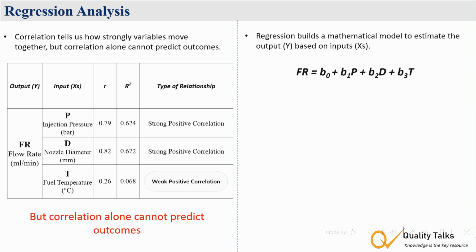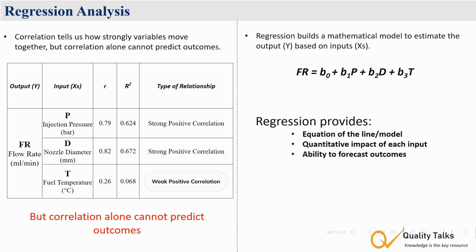Regression helps us build a mathematical model that establishes a relationship between the output Y and multiple inputs X. Using regression, we can develop an equation like FR = B0 + B1P + B2D + B3T.